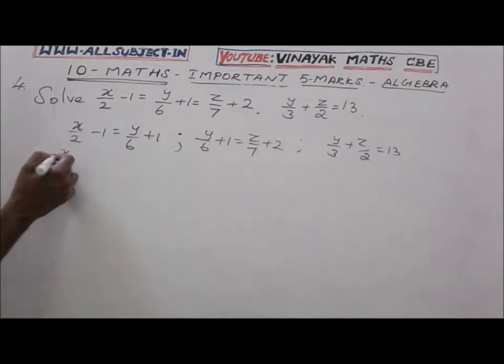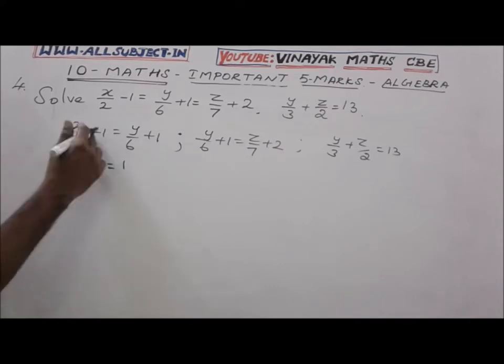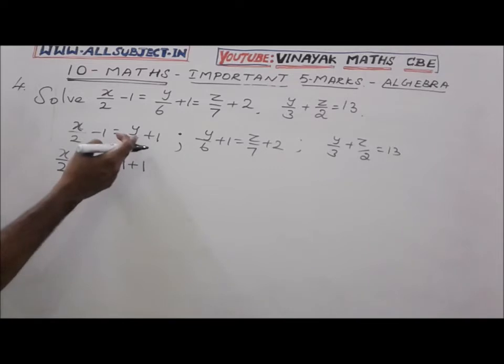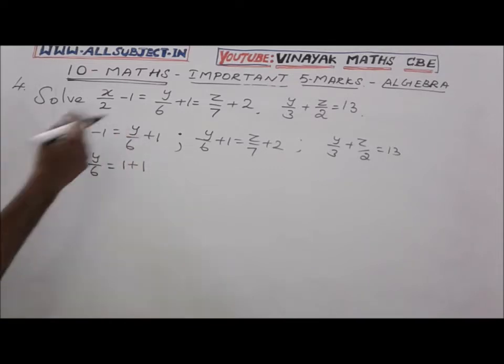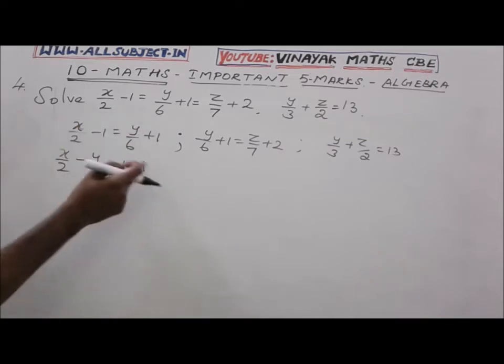Now here x by 2 minus y by 6 is equal to 1 plus 1. Grouping the variables one side, constants the other side, x by 2 minus y by 6 is equal to 1 plus 1, 2.